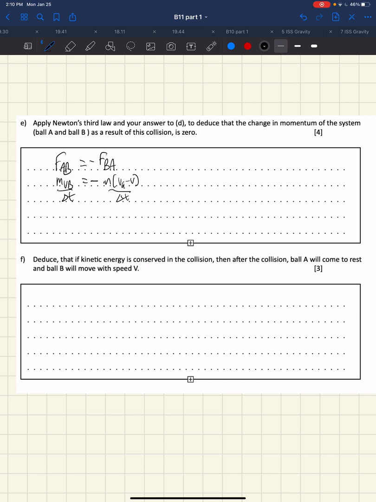So delta t applies to both sides, so we can multiply both sides by delta t. And that leaves us with m v_B equal and opposite to m(v_A minus v).